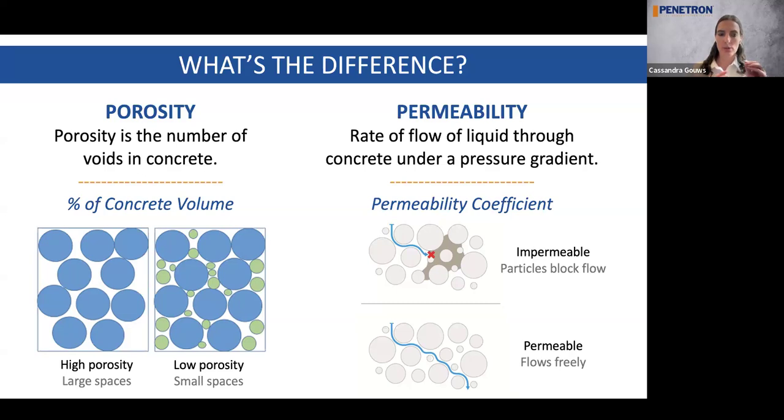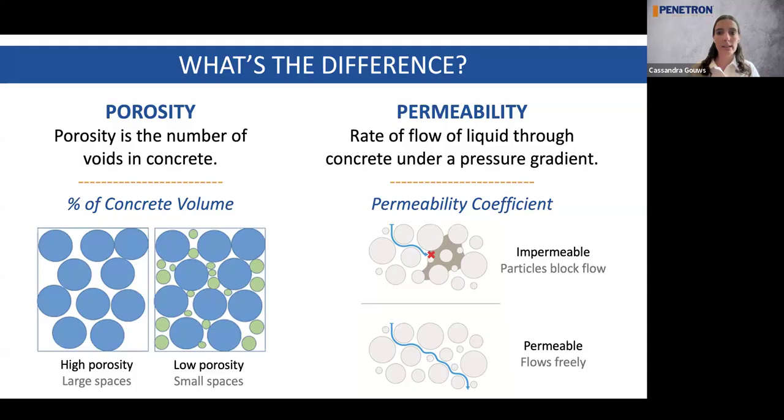That's the white space. So that would be concrete with a high porosity. Now, the block to the right of that, it's got your blue balls and then it's got smaller green balls in the air voids or in the air spaces, in the white space. So there's less white space in this block. So in other words, your concrete has a lower porosity because it's got smaller spaces.